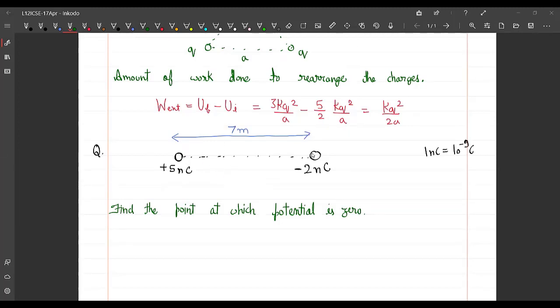The point should lie along this line joining only. Nanocoulomb is 10 raised to minus 9 coulomb.